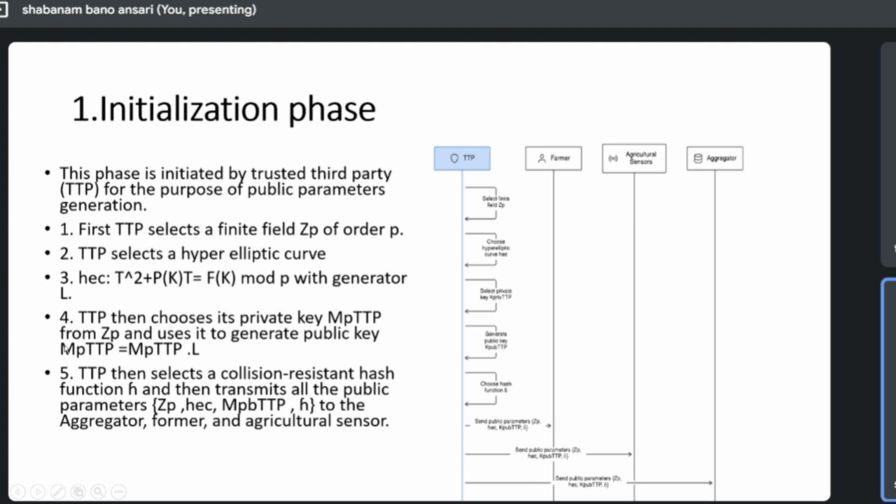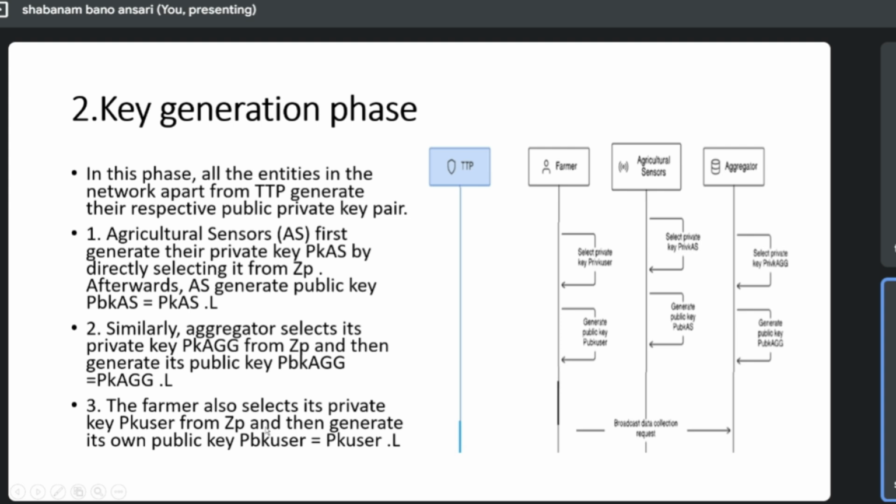Here are the given formulas for the private and public key. Then he chooses the hash function h and sends the public parameters Zp, hyperelliptic curve, public key and hash to all three users: here to the farmer, here to the agricultural sensor, and here to the aggregator. This is step 2, step 1.